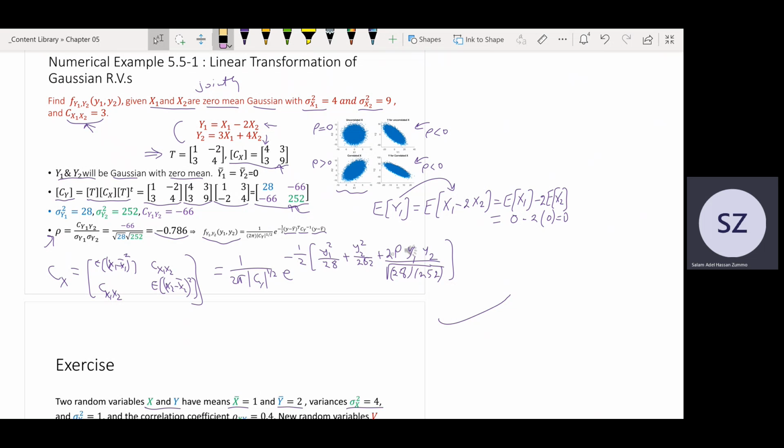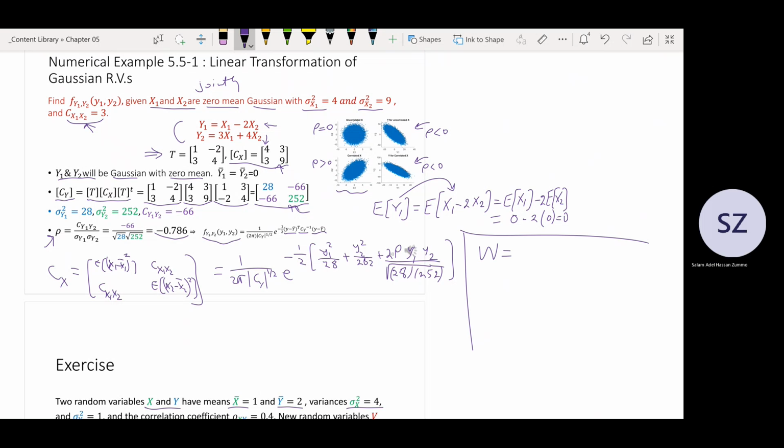And we found the joint PDF. If I ask you what is the PDF of W, which is equal to y1 plus y2, can you find it for me?